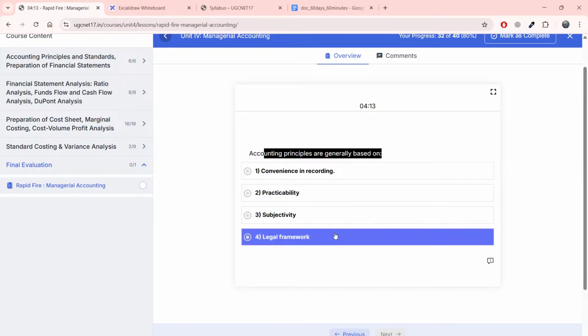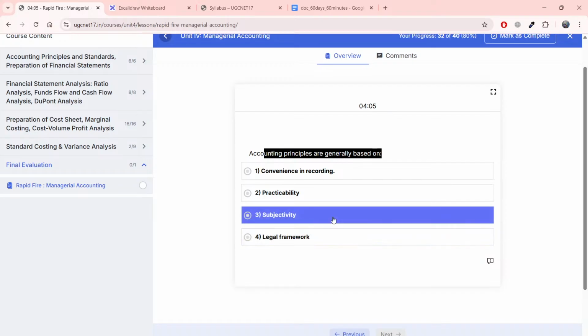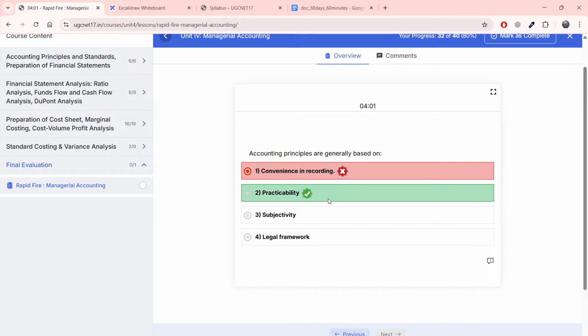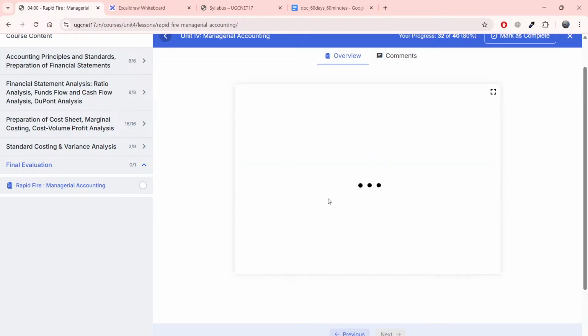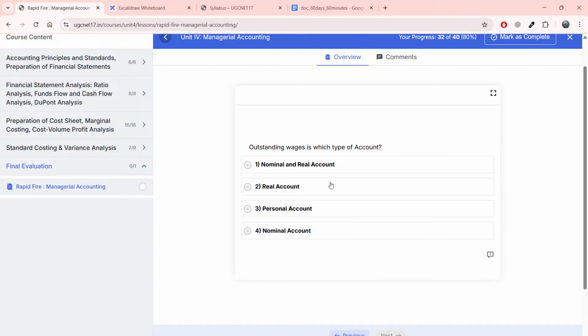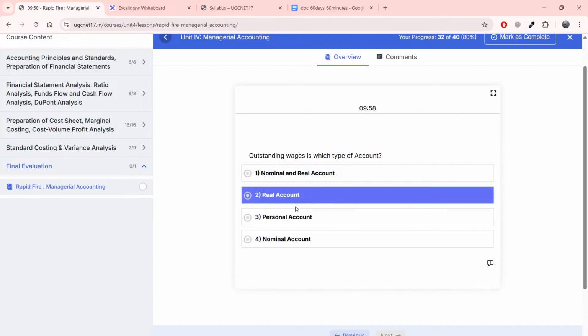Legal framework, we can say. Accounting principles. Legal framework are based on accounting principles, if you think about it. It is practicability. Outstanding wages.